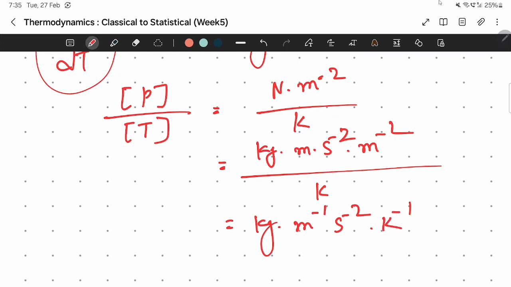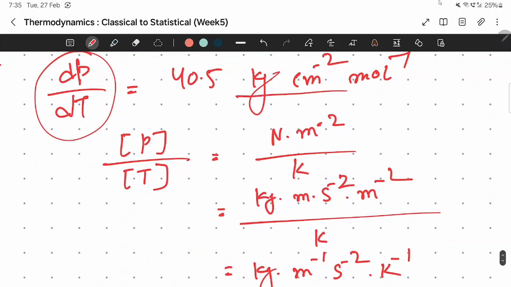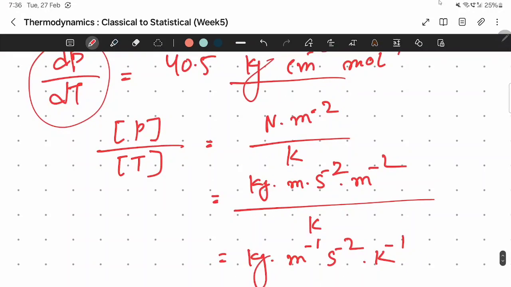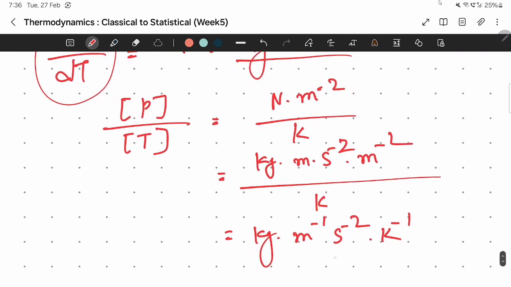This is what the unit should be, but the given unit is kg centimeter square. We understand that, but second is not there. Mole is for 1 mole, that's okay, but Kelvin is not accounted for. So the unit of del P del T is not correct. Overall, in my opinion, the unit in the question is not correct.